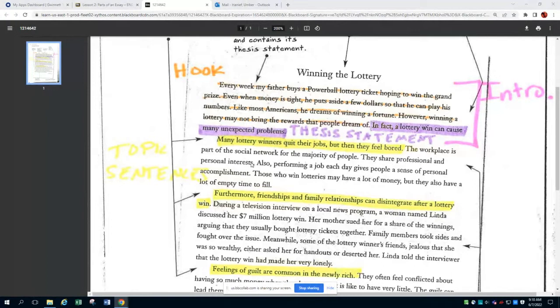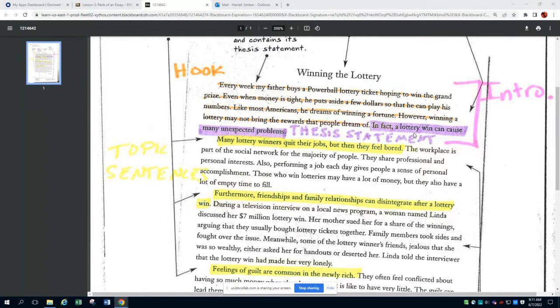He shifts to talk about how winning the lottery can cause unexpected problems. Very good. So he's saying that everyone dreams of winning the lottery, but it might not bring you rewards. Your dream may not be fulfilled. In fact, then look at the thesis statement. In fact, it can actually cause you problems.